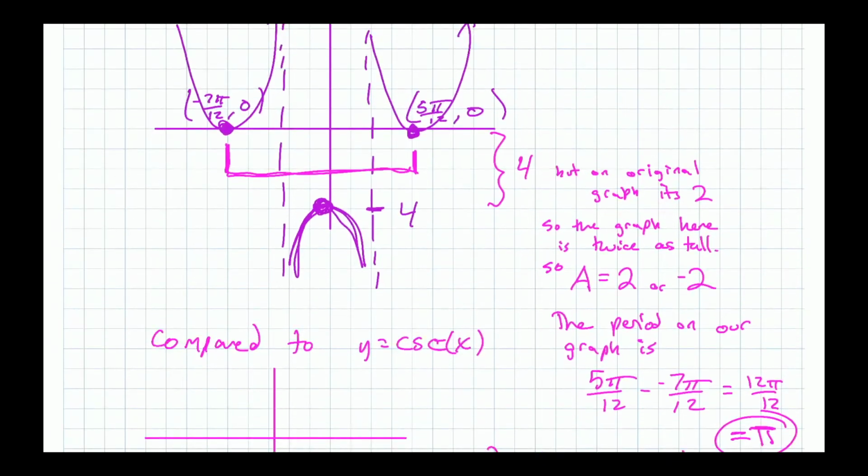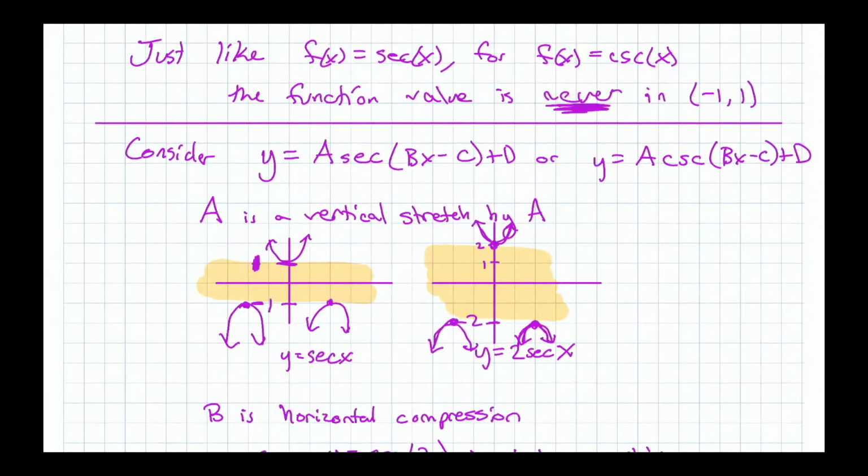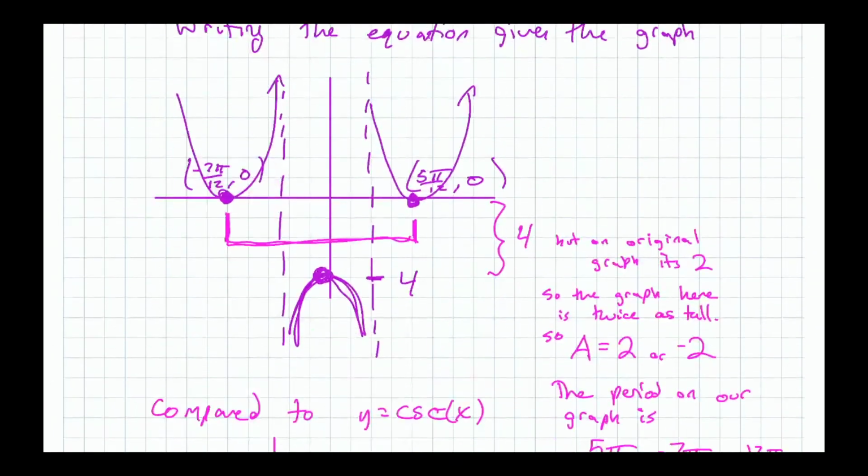How far has it been moved up or down? Right, and hopefully you should realize that normally, the normal cosecant graph is like this, where it's centered on the y-axis, above and below 0. And when you stretch it, it still stays centered, plus or minus 2, that kind of thing. So if you look at this one and you say, well, how far has it been shifted down? Well, how far would you have to move it to make it centered again? If it's from here to here, if that distance is 4, then it's been moved down by 2, right?